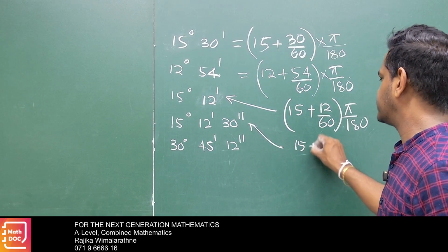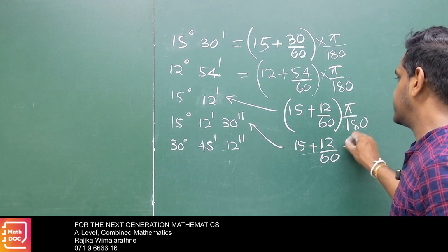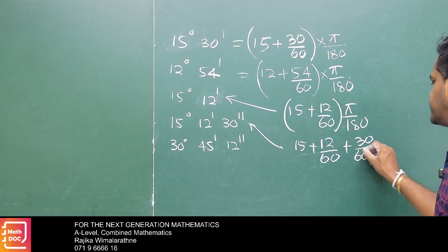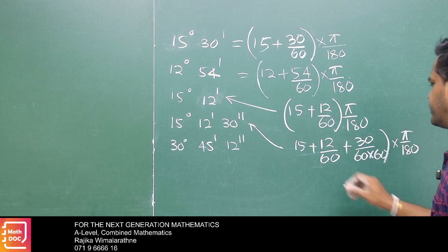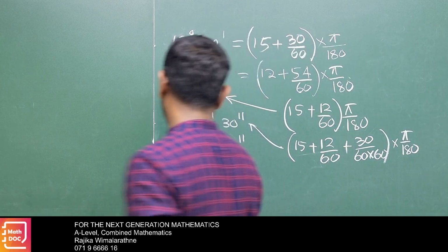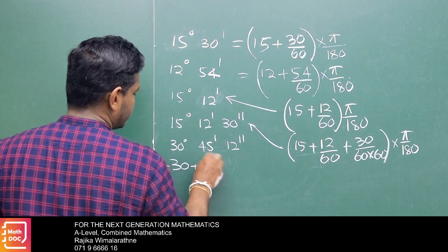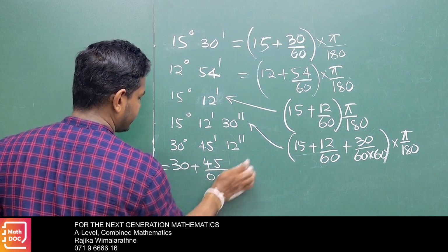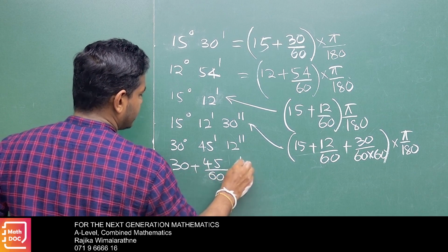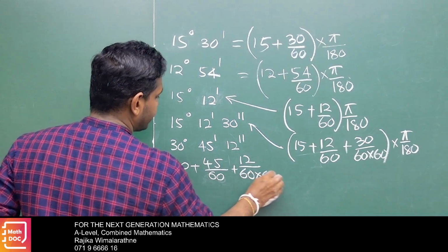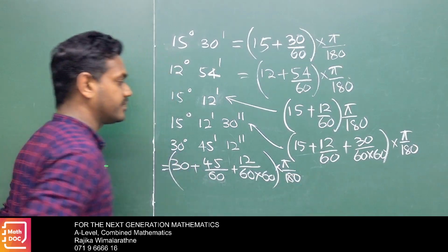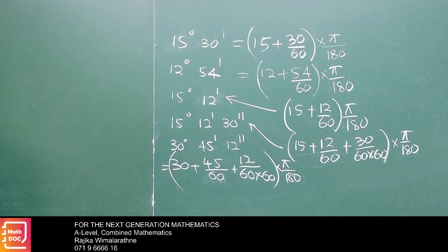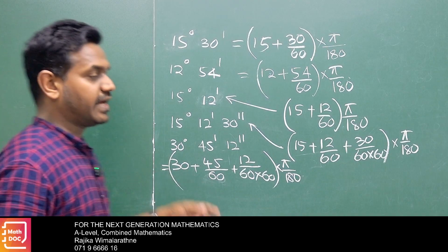Then 15 plus 12 over 60, 30 over 60 times 60, pi over 180. Here 30 plus 45 over 60, 12 over 60 times 60, pi over 180. You simplify and get the answer.